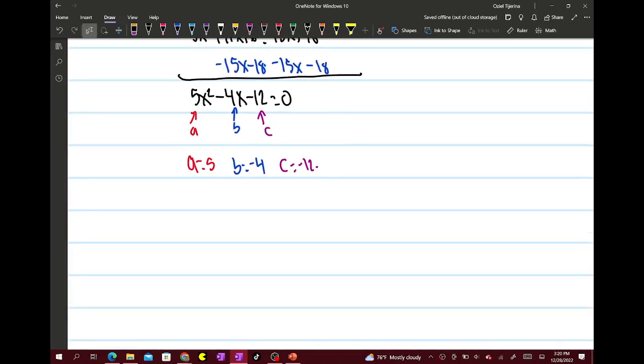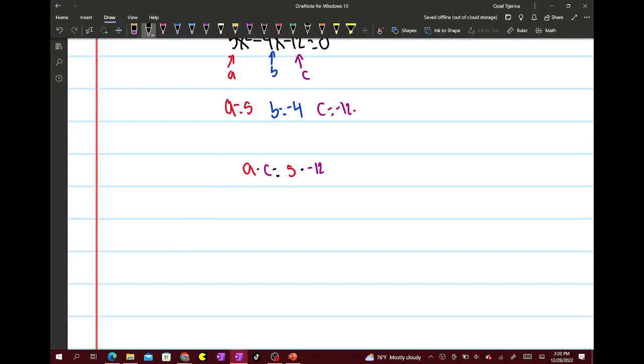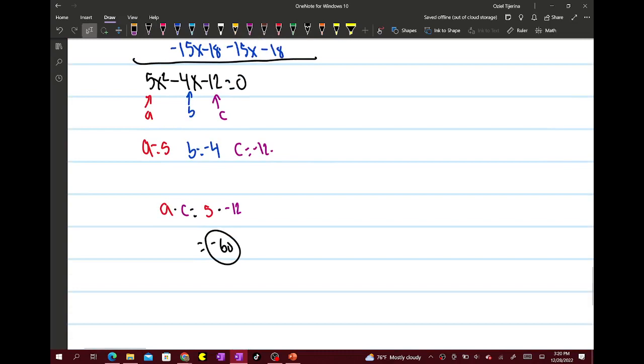So a times c is 5 times -12, which equals -60. And our b value is -4.